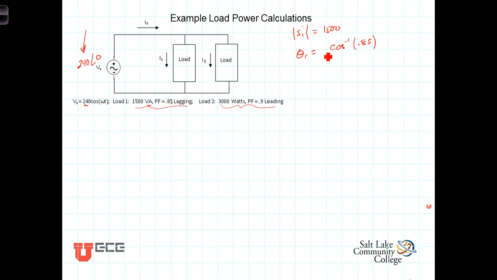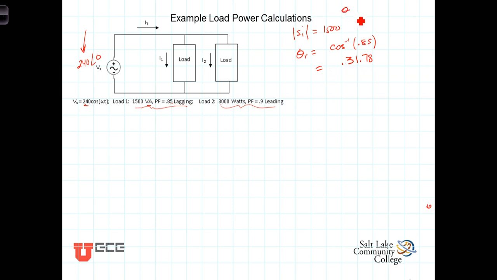We'll have to determine the sign here in just a second. But the arc cosine of 0.85 is equal to 31.78 degrees. Now the sign.